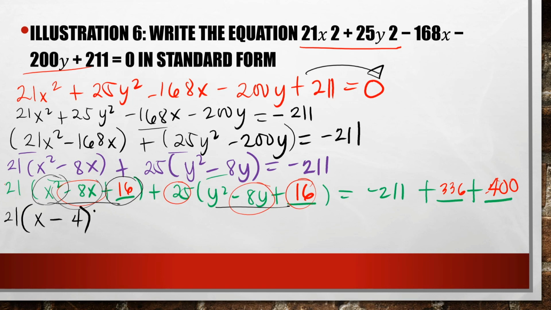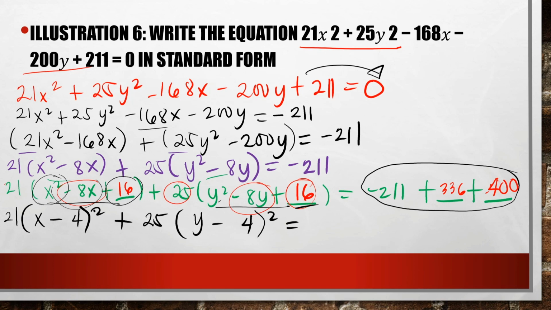So, 21 times x minus 4 squared plus 25. Then, square root ng y squared is y. Then, square root ng 16 is 4 ulit. Then, you follow the sign of the middle term, which is negative, squared. Then, yung total nito, which is 525.